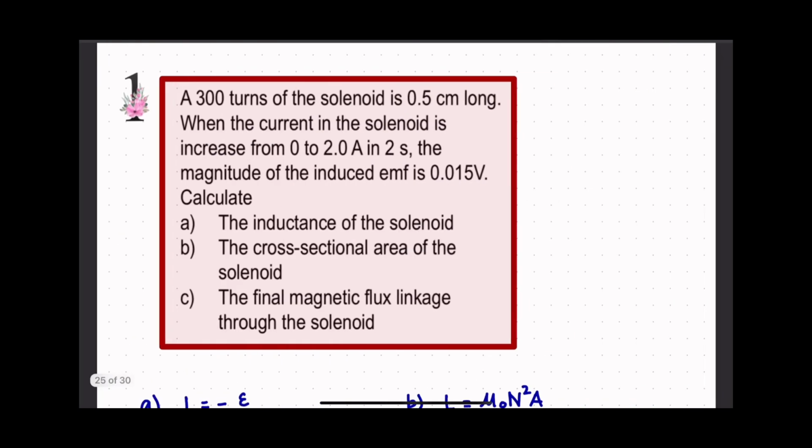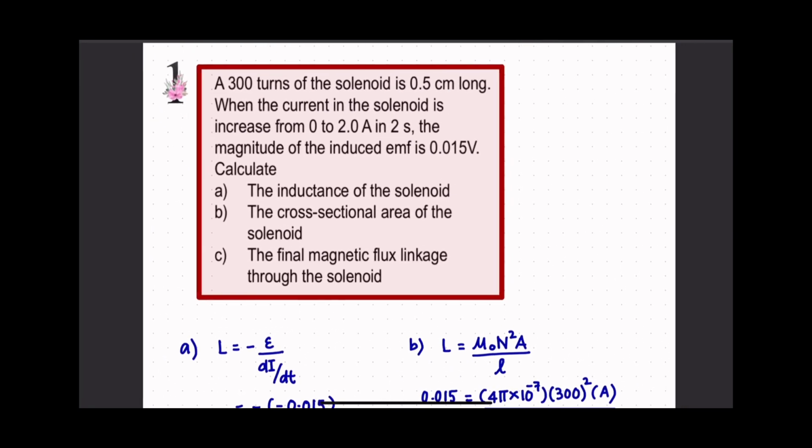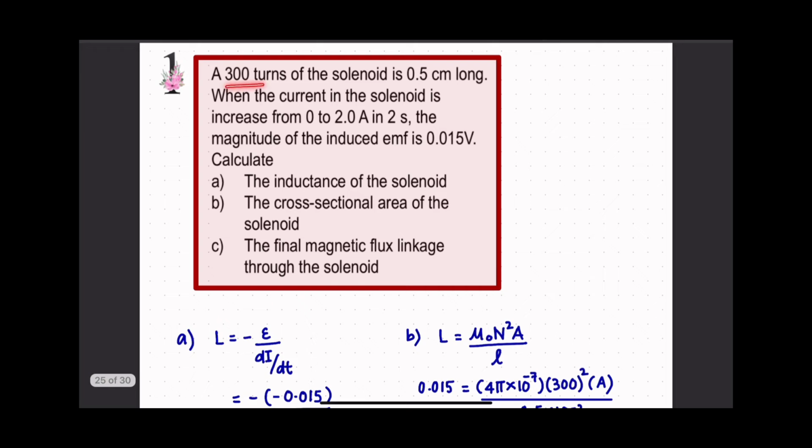Okay, alright, let's look at the question. We have 300 turns of a solenoid, 0.5 cm long. When the current in the solenoid is increased from 0 to 2 ampere in 2 seconds, the magnitude of induced EMF is 0.015 volt. Calculate the inductance of the solenoid.